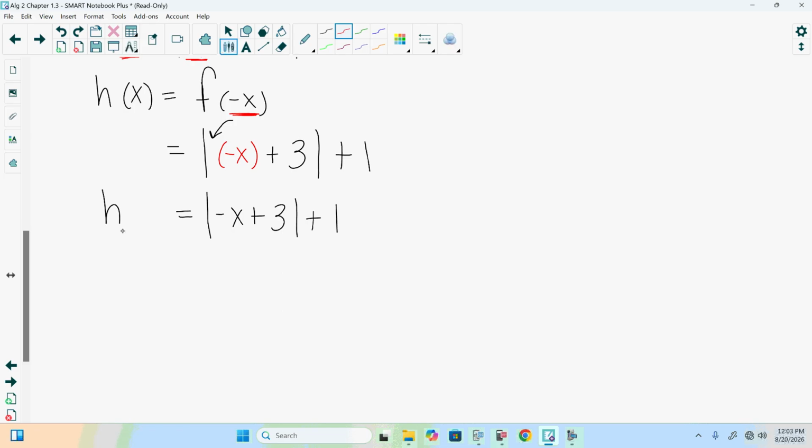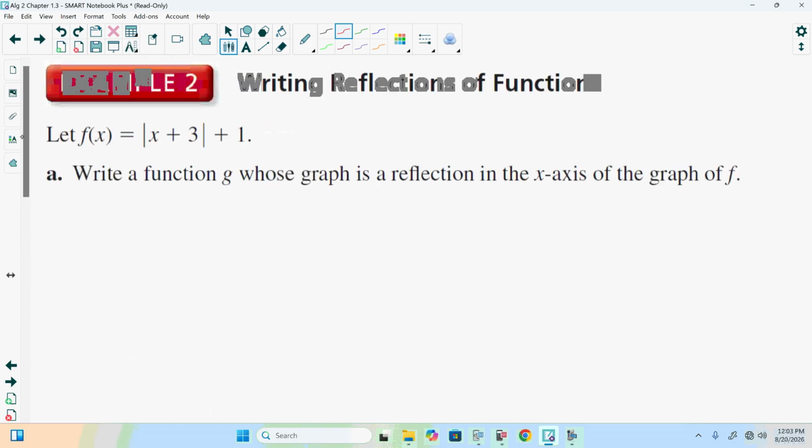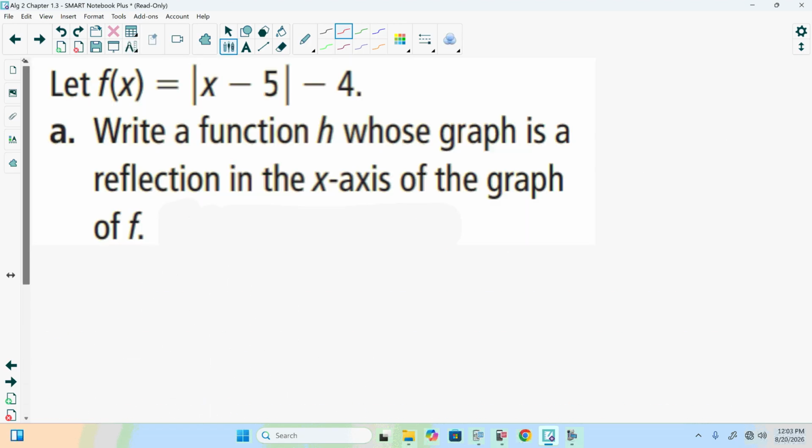This is as simplified as it gets. So that's it: h of x is equal to the absolute value of negative x plus 3, plus 1. We'll look at two more reflections and go from there.